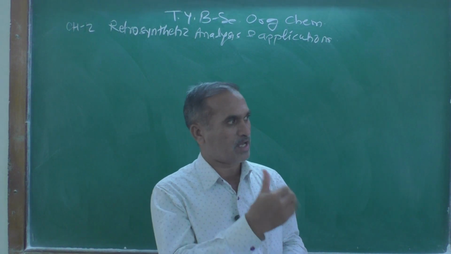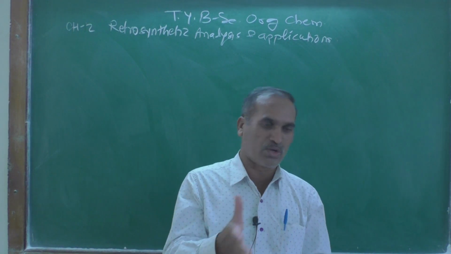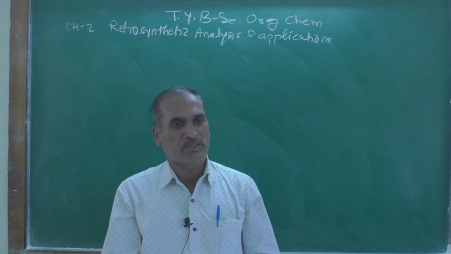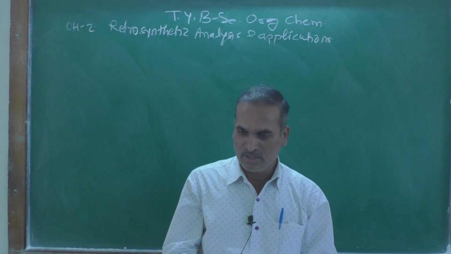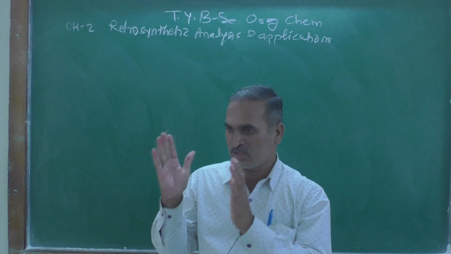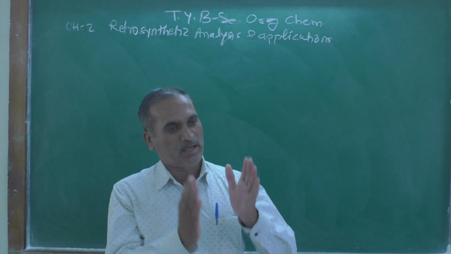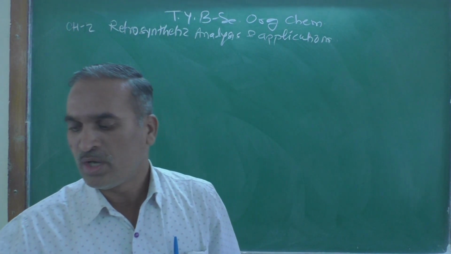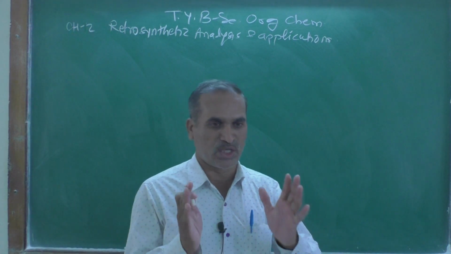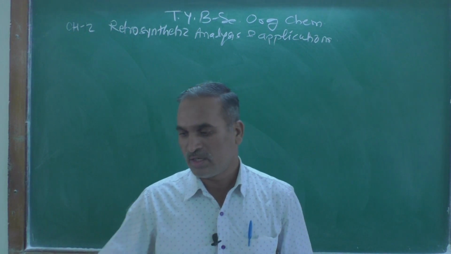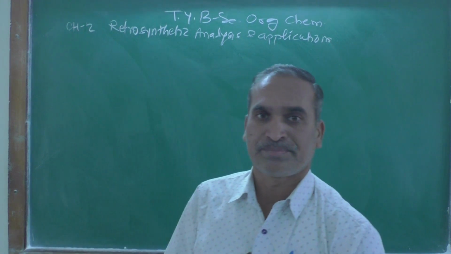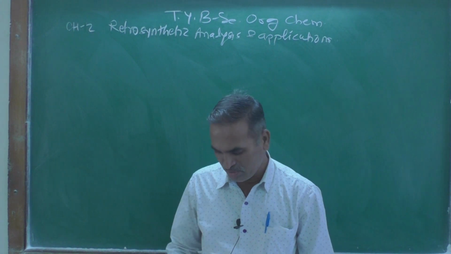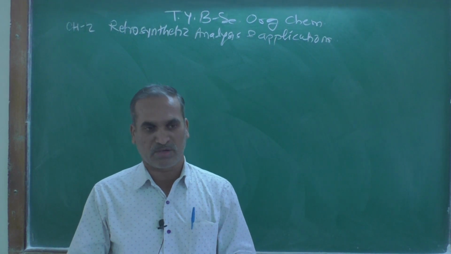We also learned the 4 different types of arrows and their meaning, and some of the important terms involved in retrosynthetic analysis. And we have learned so far 2 molecules, how to synthesize them, how to do the retrosynthesis, and the actual synthesis in the laboratory. That type of thing we have seen so far.